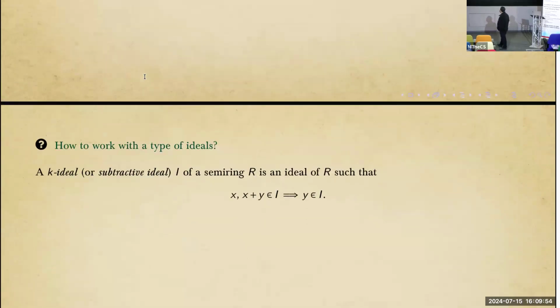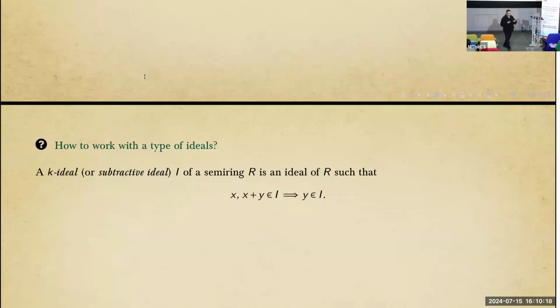So let's take a type of ideal which is not even for rings, but for semi-rings. So what is a semi-ring? A semi-ring is where you just forget that there is no subtraction in your ring. So you can have these two monoid structures, and then they talk with each other through something called the distributive property.